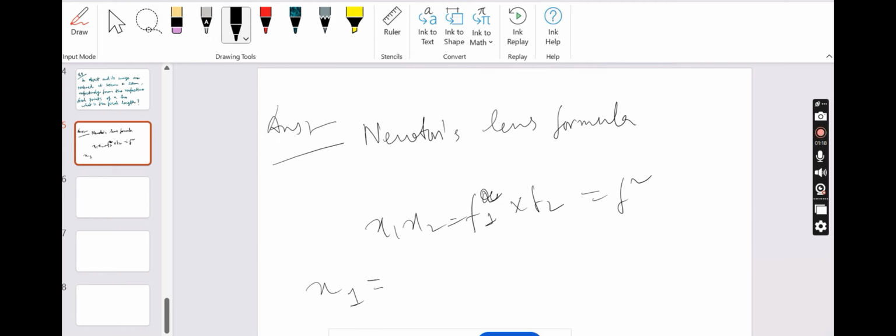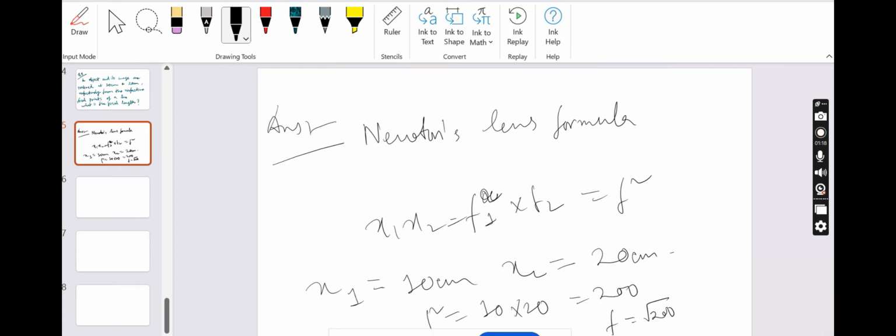So here x1 is 10 centimeter, x2 is 20 centimeter, and f square would be 10 into 20, 200. So f is equal to root 200, equal to 14.14 centimeter. So according to Newton's lens formula, the x1 into x2 must be constant.